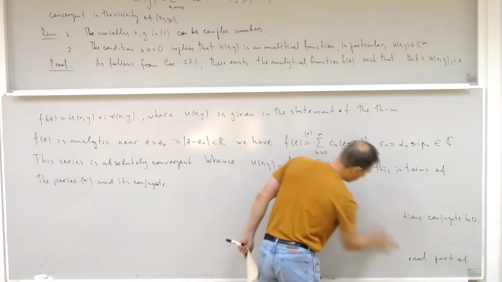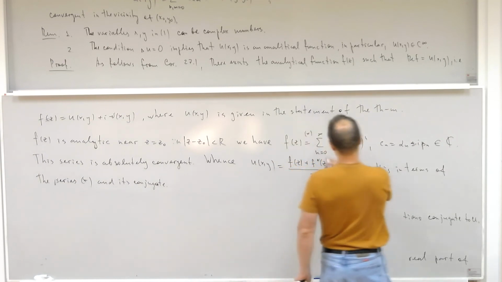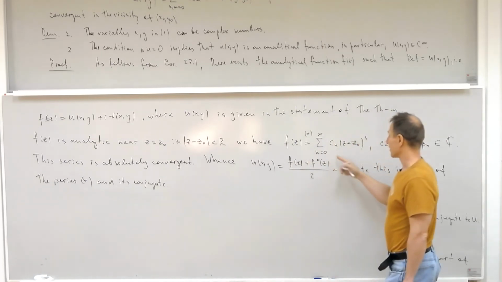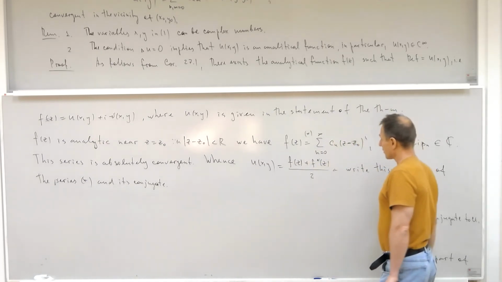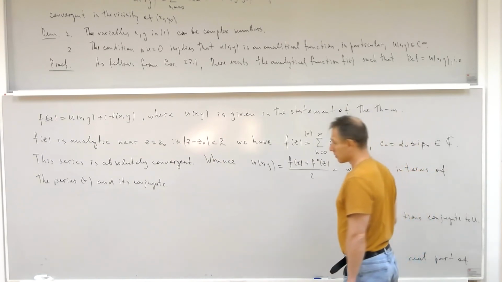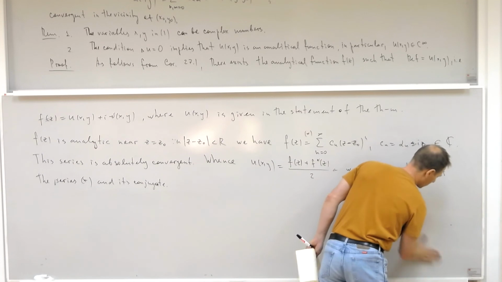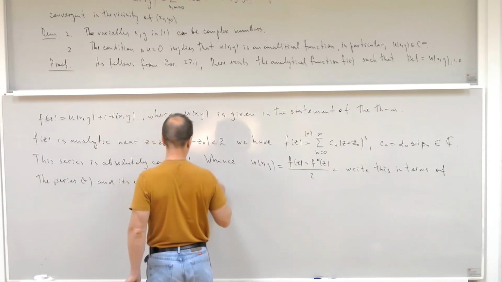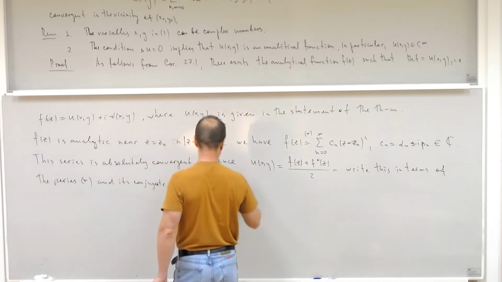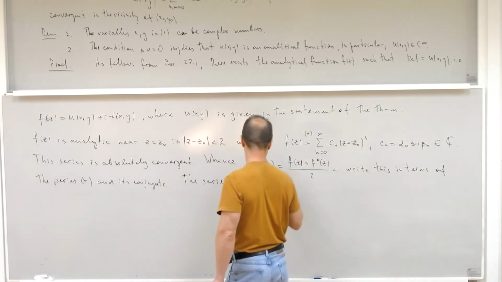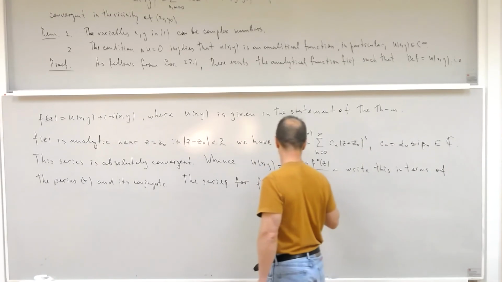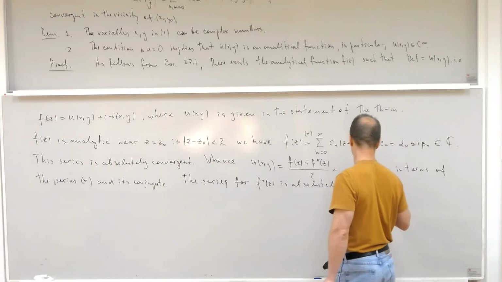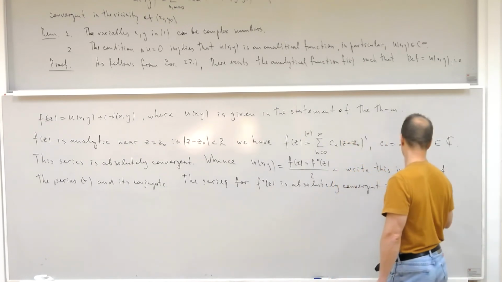We write the right hand side of this expression as a sum of two series. As for the series for the conjugate function, this series is also absolutely convergent, simply due to the fact that the condition of absolute convergence includes only the modulus of the series terms. And if this series is absolutely convergent, then the series for f star is also absolutely convergent in the same domain.